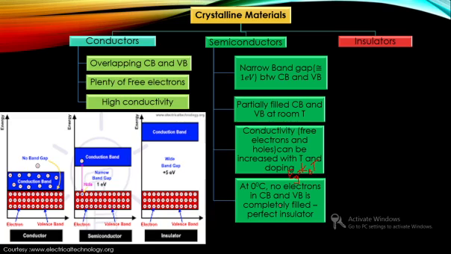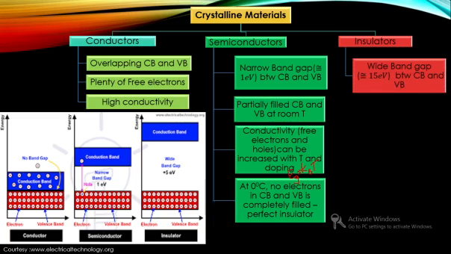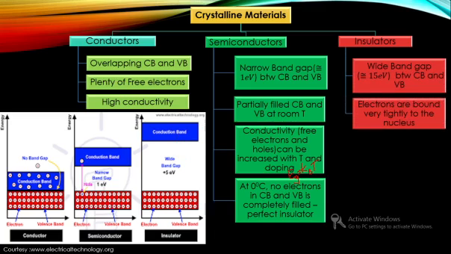So insulators are wide band gap materials, or we can say they will have electrons very tightly bound to the nucleus. So it is very difficult to remove those electrons. Even if we give sufficient energy, we are not able to remove those electrons and make them conducting. So here the band gap is of the order of 15 electron volt.